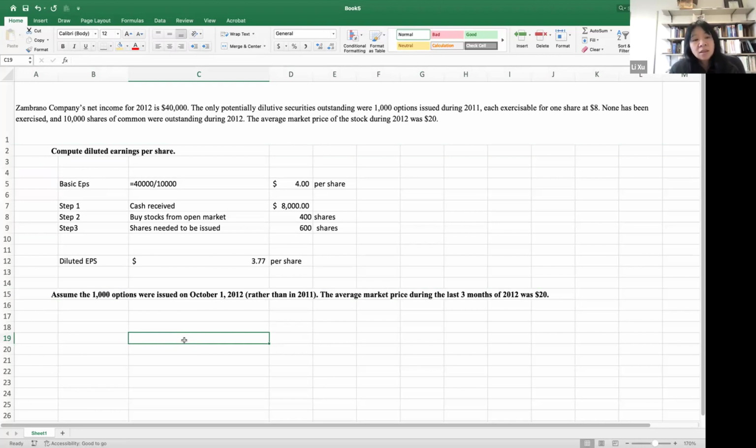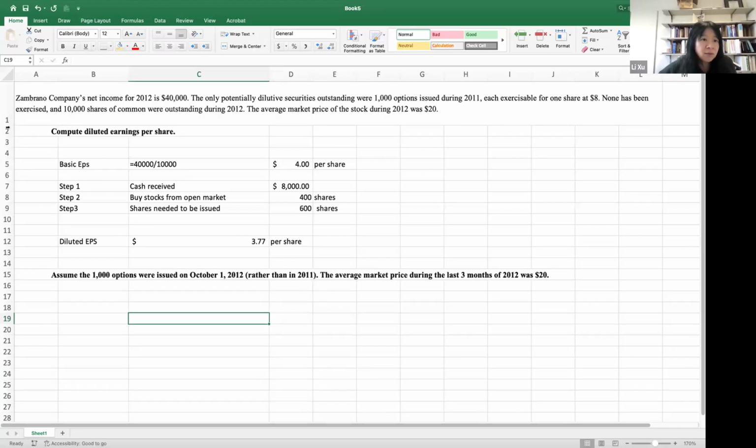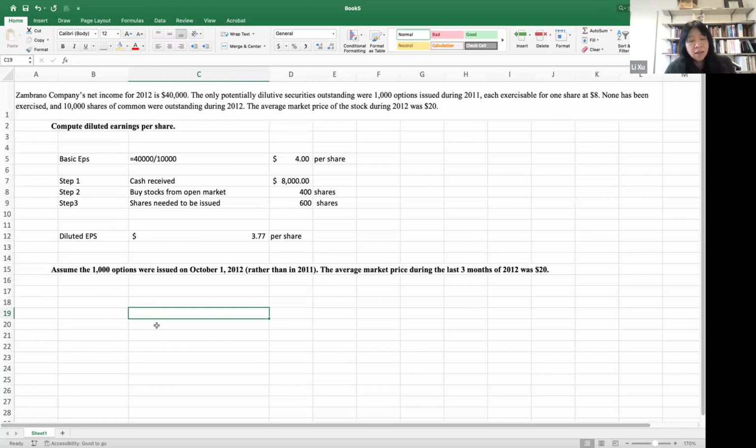The answer is yes. When we do a conversion question, we always assume the conversion happened at the beginning of the year, with one exception: if the security was actually issued during the year, you have to make a partial year adjustment. That's the case here, so we're going to make a partial year adjustment.